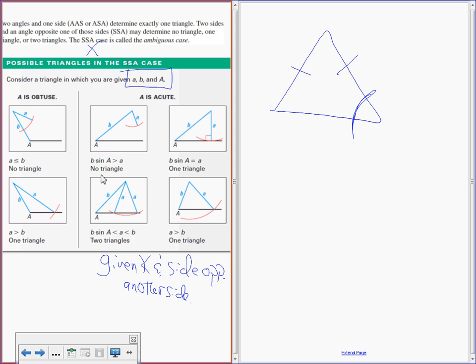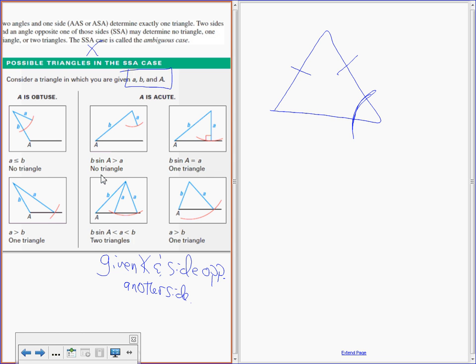It's the two sides and one angle opposite one of the sides. Now, they're generically written out as little a, little b, and big A. Is it always going to be little b, little a, big A? No, it could be little a, little c, big C. It could be a mixture of all of them.